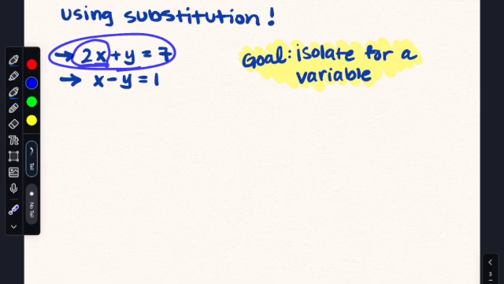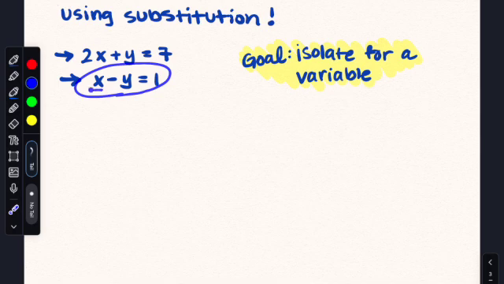But if you'd like to pick a faster, more efficient, or easier variable, those are things that you'd want to consider. If you go ahead and look at the second equation, you notice that both x and y are somewhat by themselves, meaning there's no coefficient in front of it where you need to divide by anything. So they're almost isolated. If you want to get the x by itself, you would just move the y.